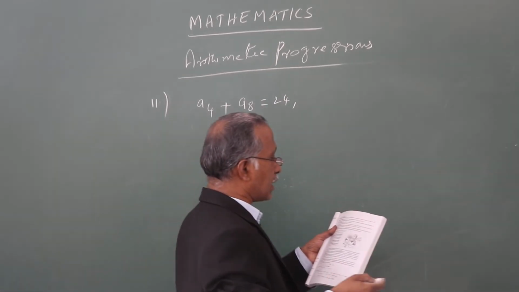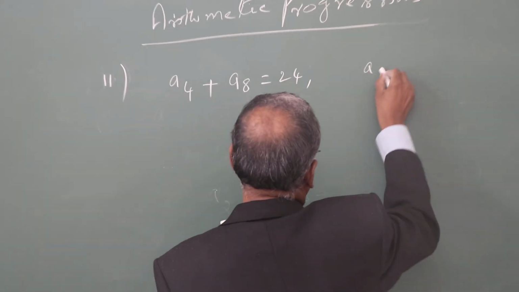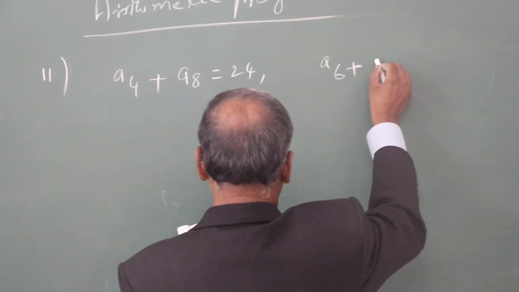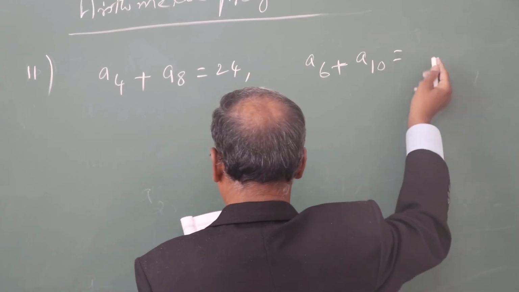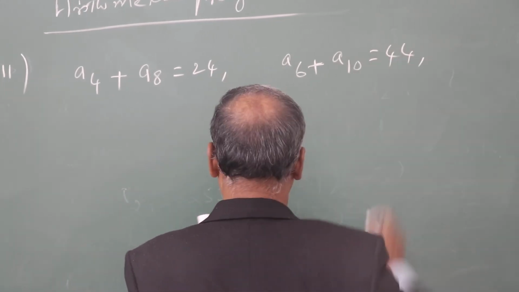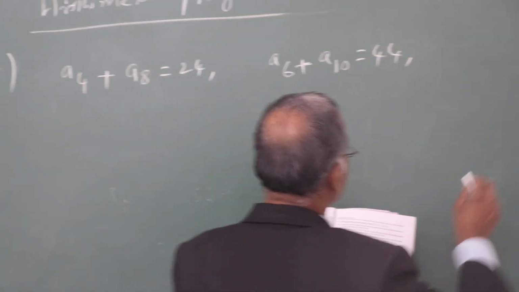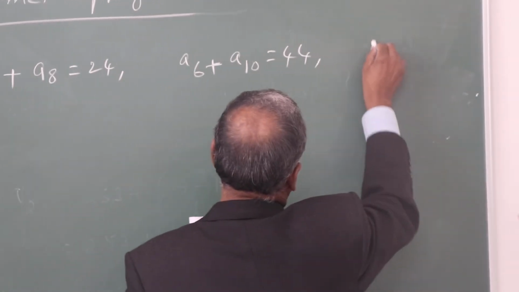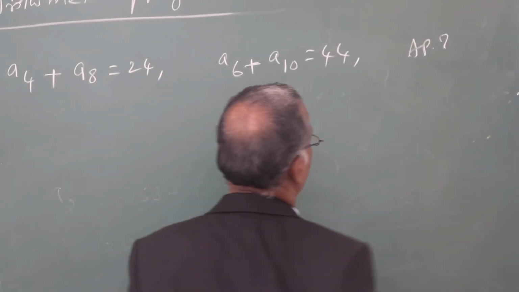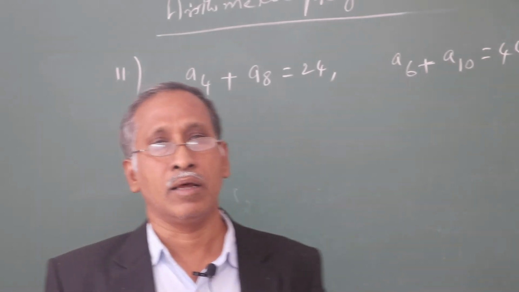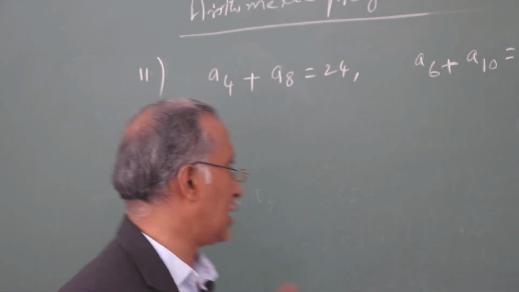And the sixth and 10th terms, a6 plus a10, is equal to 44, they have given. Find the first three terms of the AP, that means a1, a2 and a3 we have to calculate.